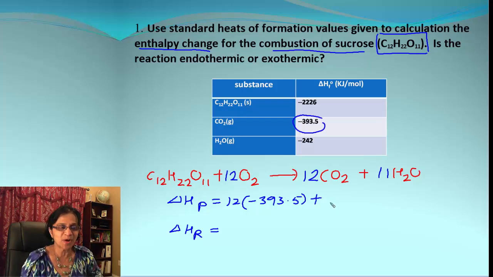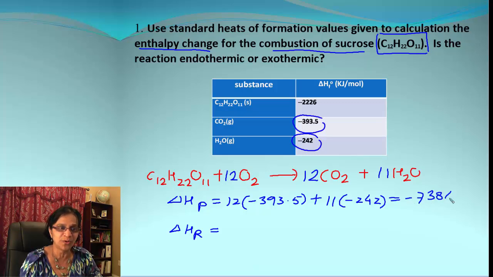Then we get the second product, which is 11 H2O. So 11 moles of water molecules, and the heat of formation for 1 mole is negative 242. When you simplify, the answer which we get is negative 7384, and the unit is kilojoules, because that's what we have for delta H for formation.